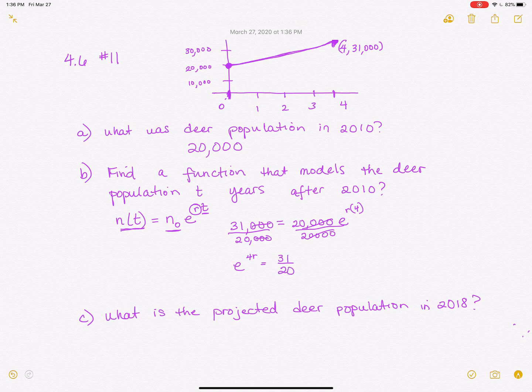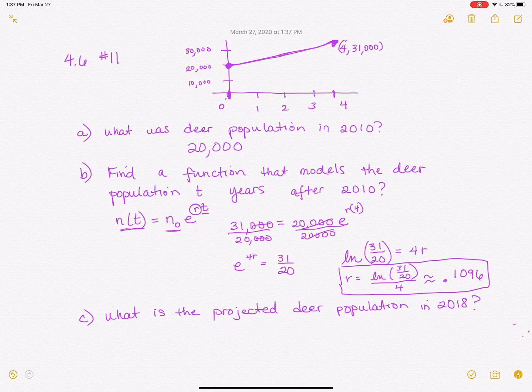Well, if I change this to log form, and I'm going to use the natural log because this is e, I'm going to get the natural log of 31 over 20 is going to equal 4r, which means r is going to equal the natural log of 31 over 20 divided by 4. And when you plug that in your calculator, you're going to see that the relative growth rate is 0.1096.